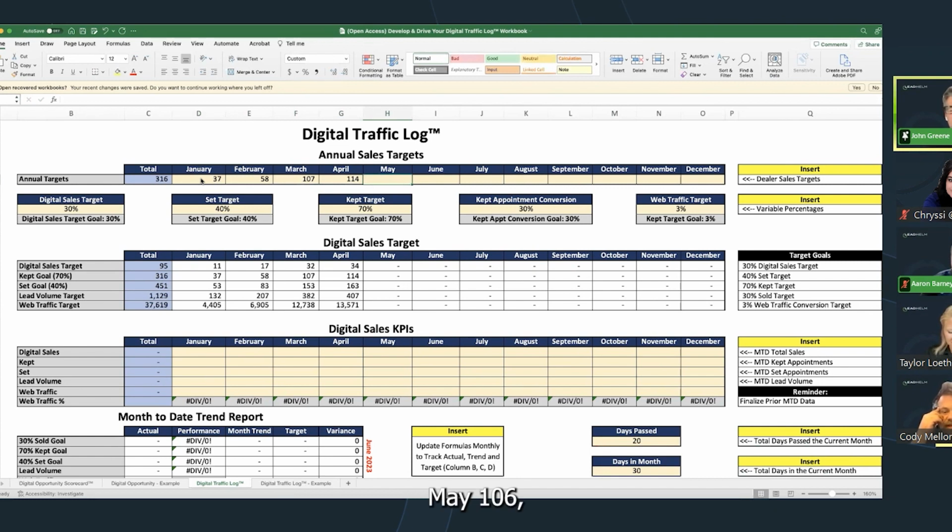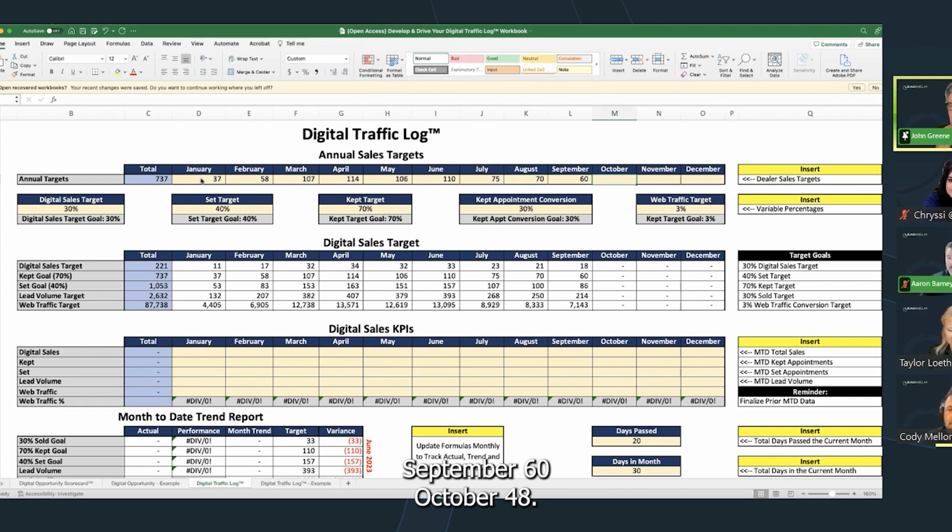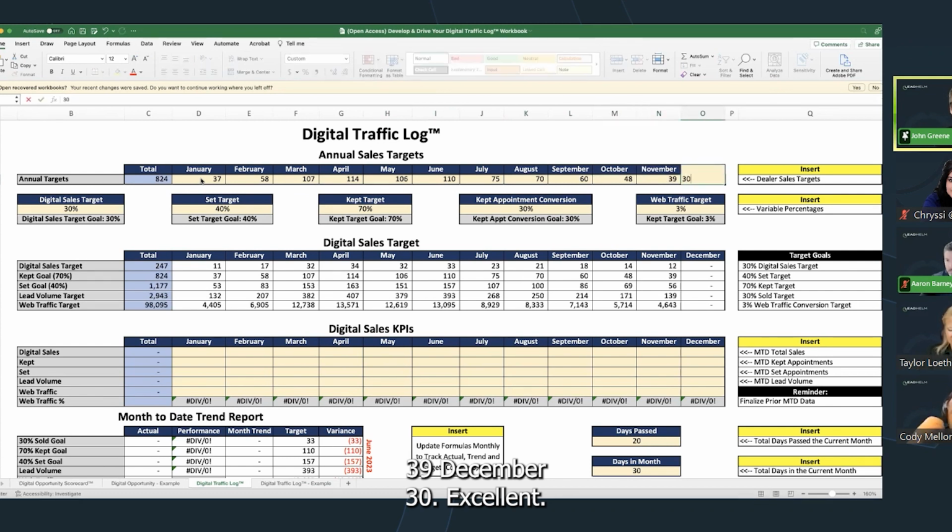May, 106. June, 110. July, 75. August, 70. September, 60. October, 48. November, 39. December, 30. Excellent.